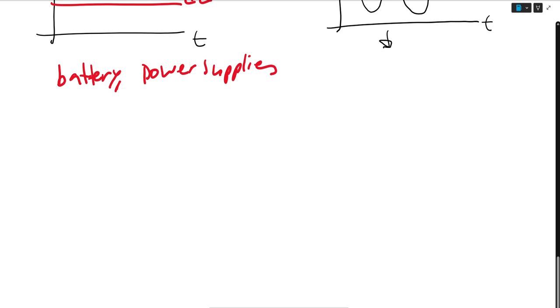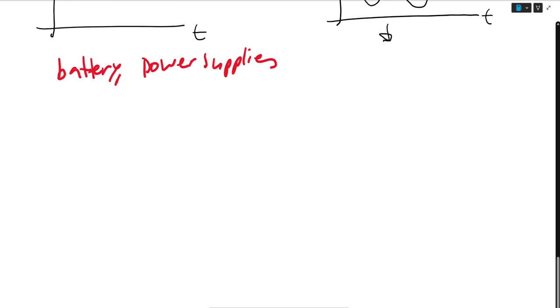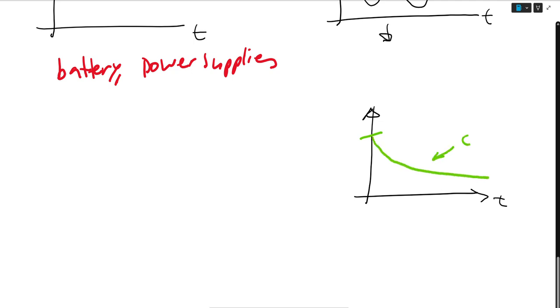So now let's take an example where we have a graph that looks like this, and this is our current. Actually, let me redraw that current.